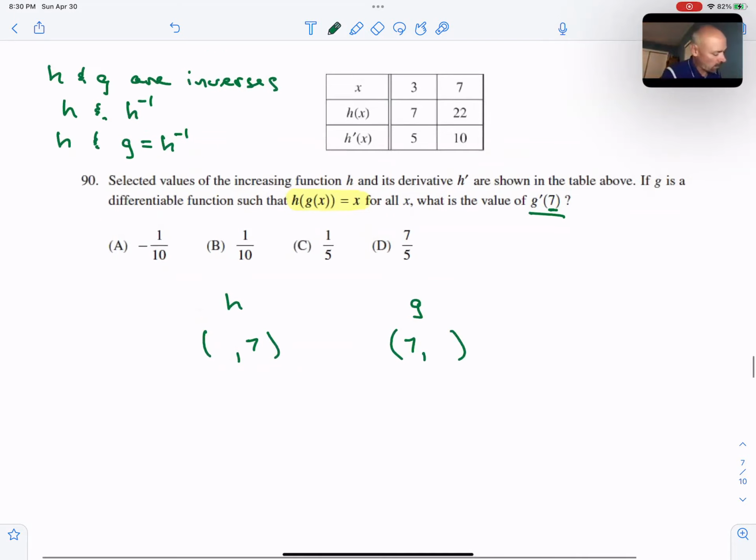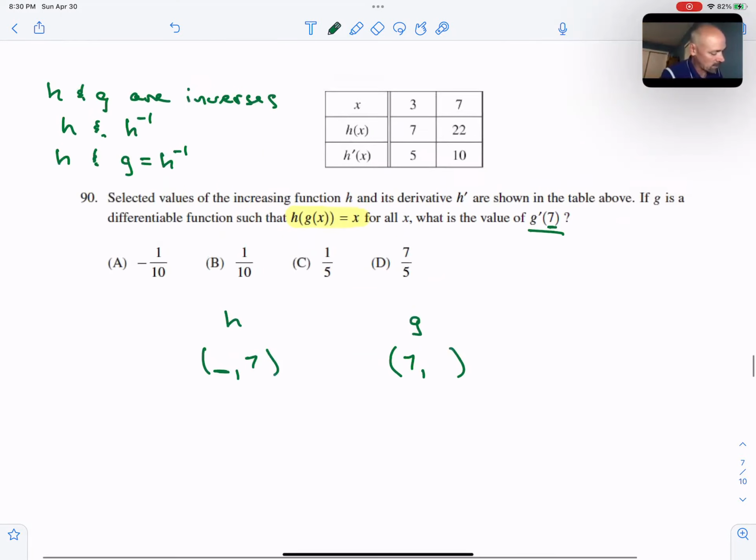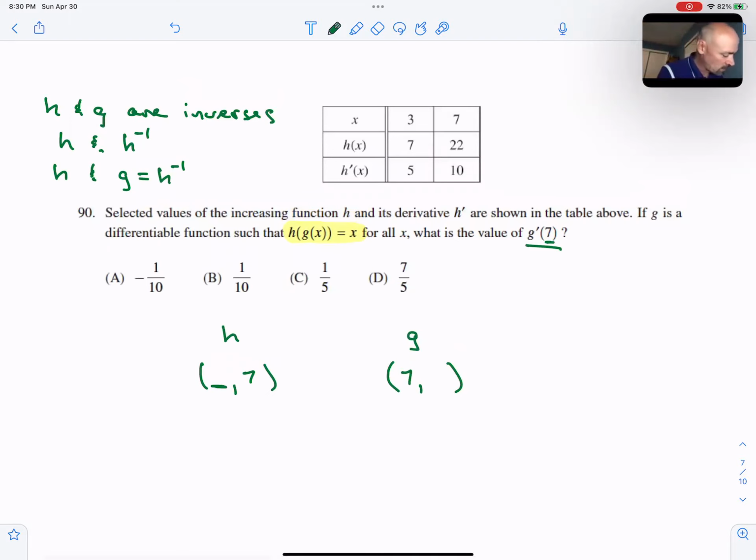Now, what I want to find is, what's the x value going to be on h? That's where I go to my table and look for the 7 that's the y value. So that's it right there. When 7 is the y on h, then 3 is the x value. So that's 3 there. That's 3 there.